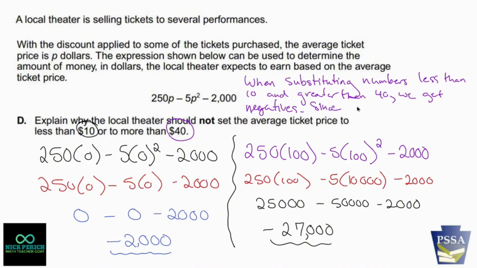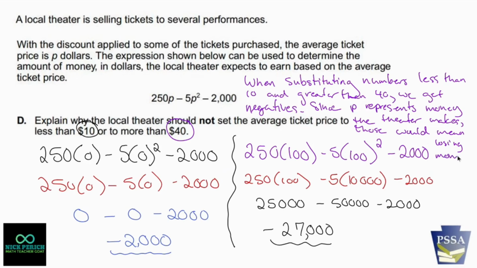Since P represents the amount of money the theater makes, those would mean, I'm out of space, losing money. I could probably have written that so much better, but I really didn't have all the room in the world. But you get the idea.